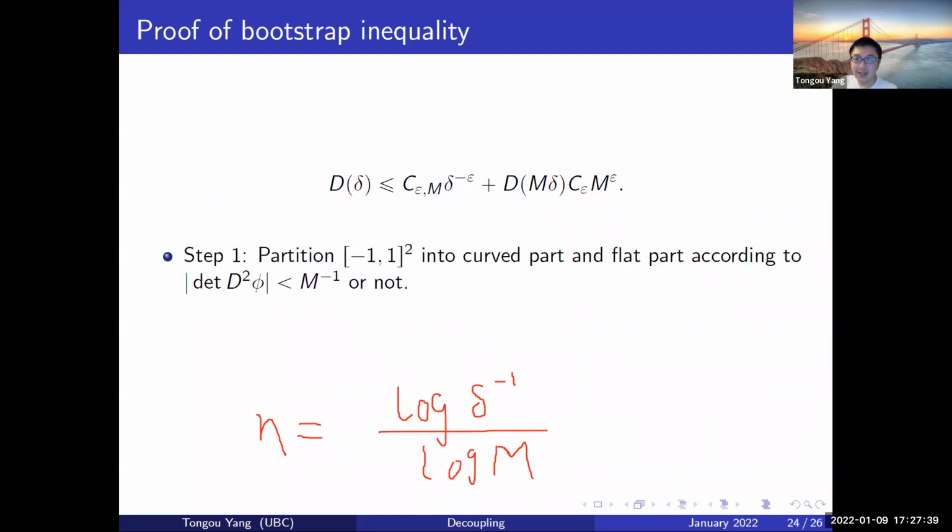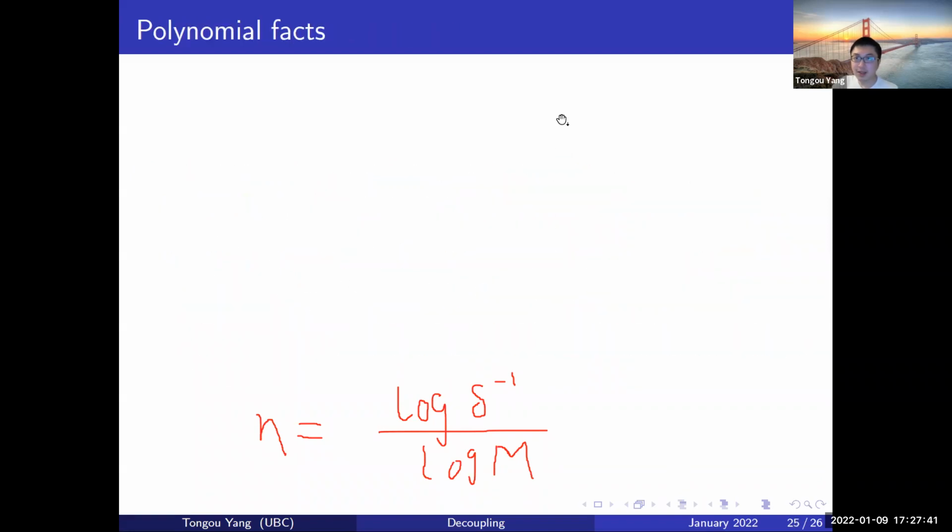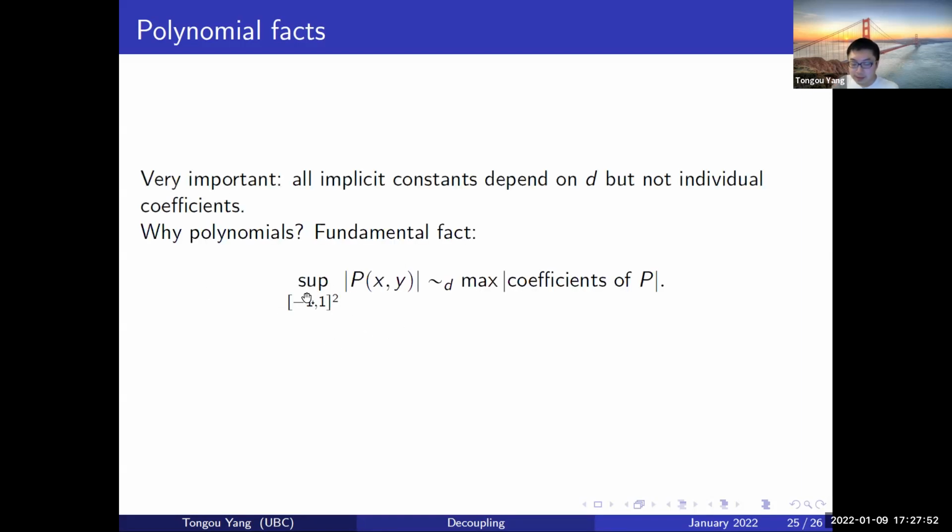Okay, so lastly, you may ask why polynomials are important. Why do we use approximation by polynomials? We know that polynomials, first of all, have a lot of good algebraic properties, but most importantly, we have used extensively the following analytic property of polynomials.